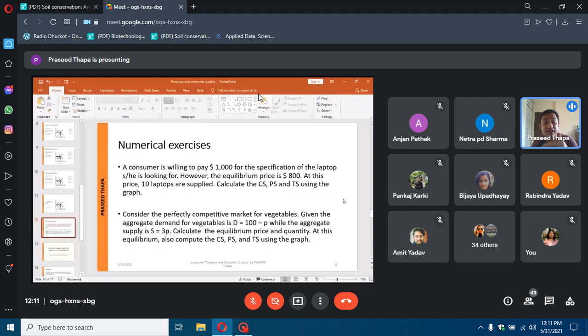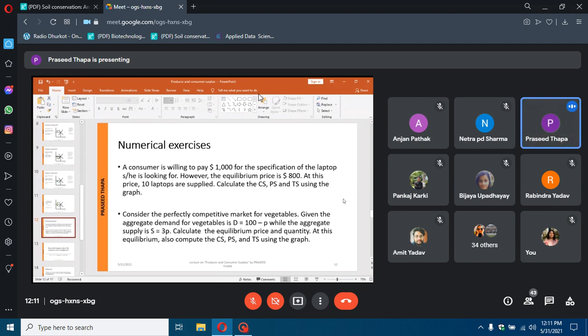To calculate the area of the consumer surplus, we use half base into height: 1 by 2 multiplied by 75 multiplied by 75, which gives you 2800 and something. That is the formula to calculate the consumer surplus.